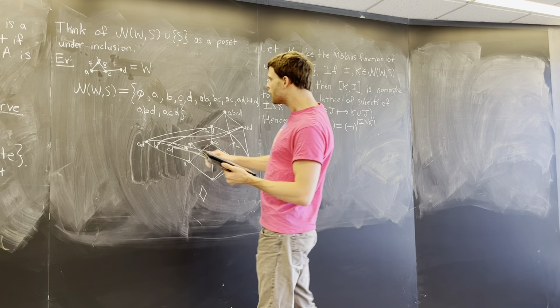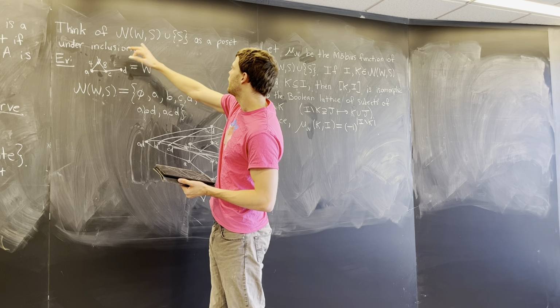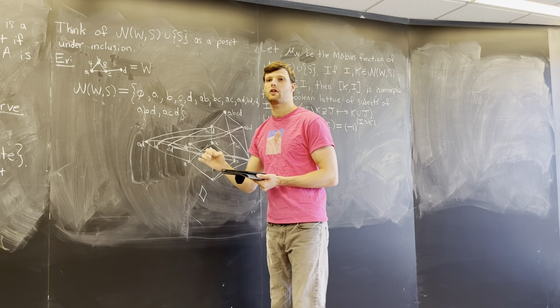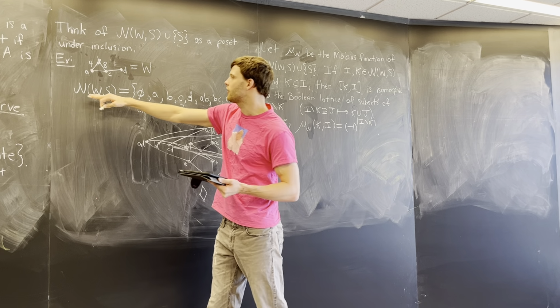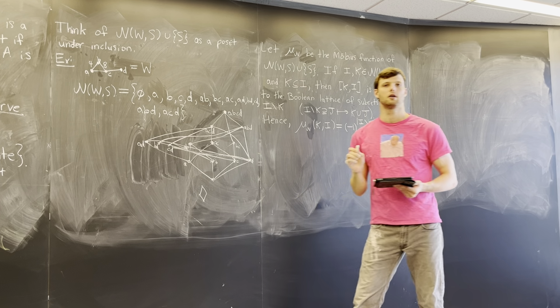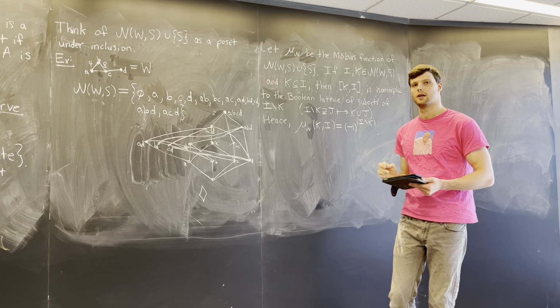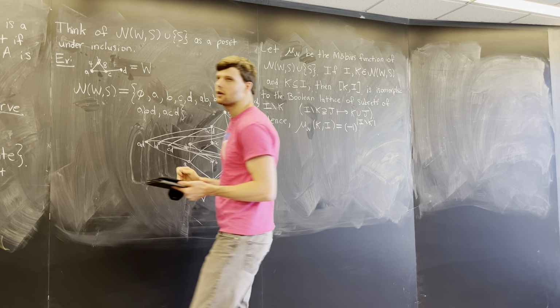Well, the nerve doesn't have A, so this is just the nerve, but then I'm unioning with the entire set ABCD for this poset. When I wrote this, the nerve is this stuff, and then I'm adding in the top element here. But I could also write this union S, and then add ABCD.